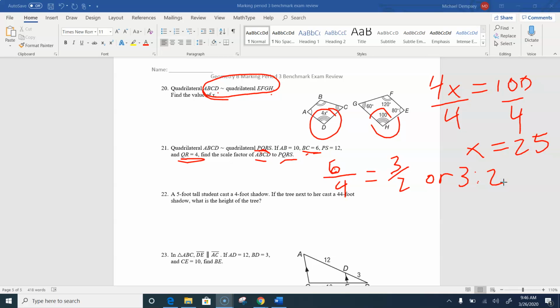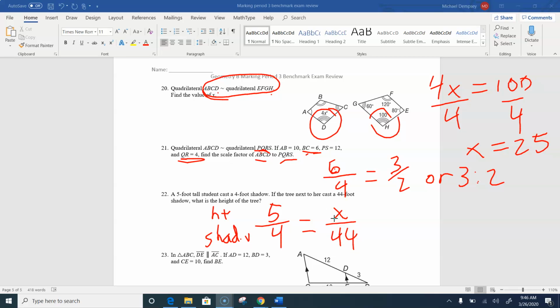Okay. Next one, I have a 5-foot tall student who casts a 4-foot shadow. So I have the actual height on the top, right? So this is height, and then shadow is the ratio that I set up. So the height to the shadow is 5 to 4. Now I have a tree that casts a 44-foot shadow. So I want to know what x is.